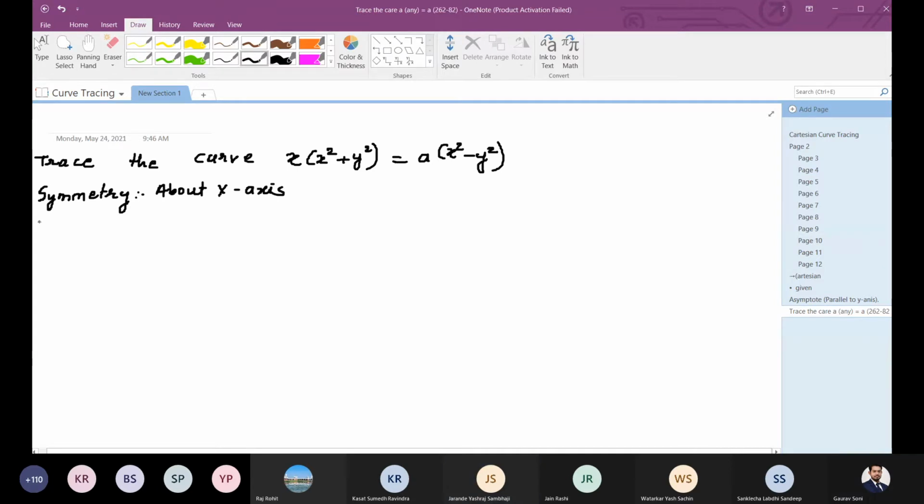Next point, the point of intersection. For the points of intersection, you put y equal to 0. What we get is x cube is equal to a into x square.